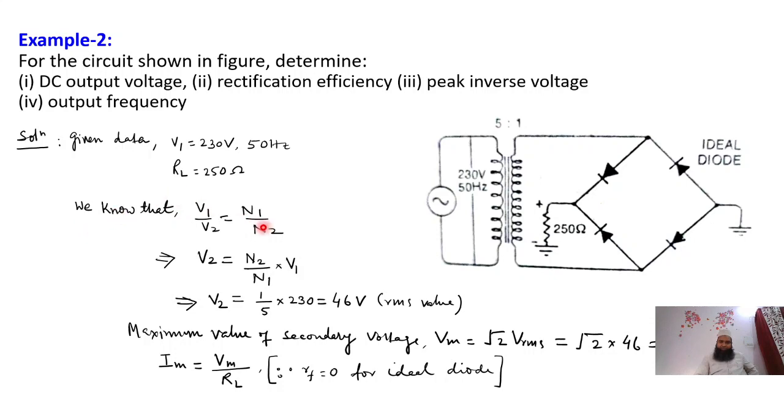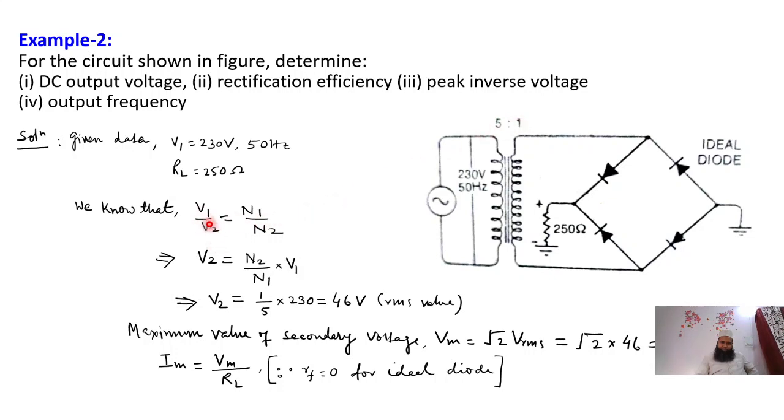We know this is the expression for transformer. V1 upon V2 equal to N1 upon N2. N1 means number of primary turns, N2 number of secondary turns. We have the ratio N1 to N2 as 5:1.